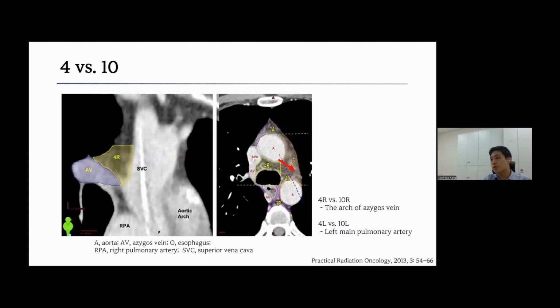The boundary between station 4 and station 10 is more important. It can be ambiguous at the level of the carina, but it is very critical in staging because if it is station 10, it belongs to N1, but if it is station 4, it belongs to N2.